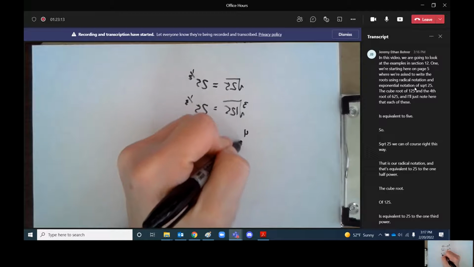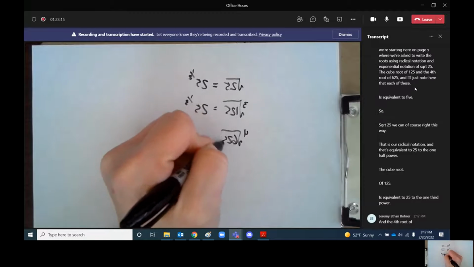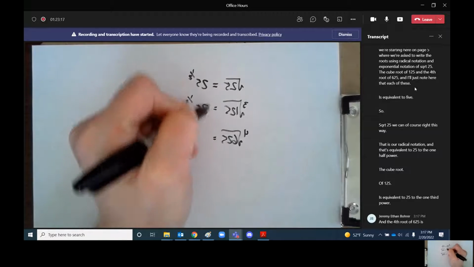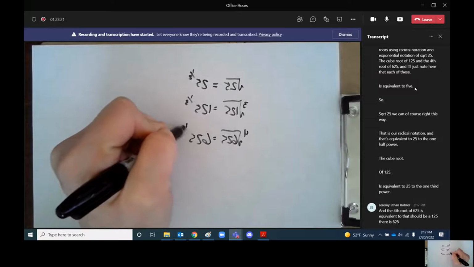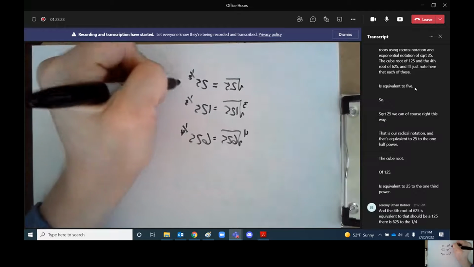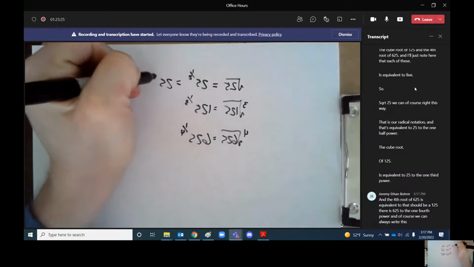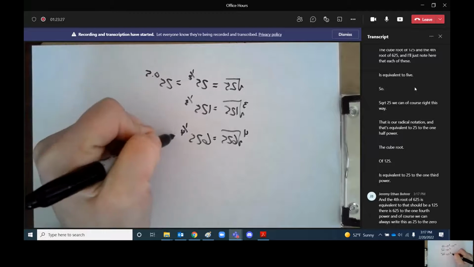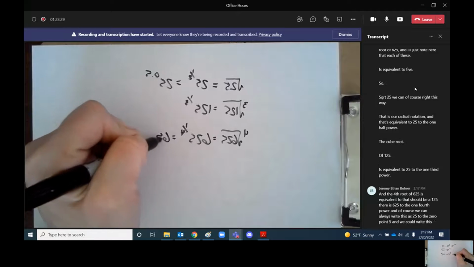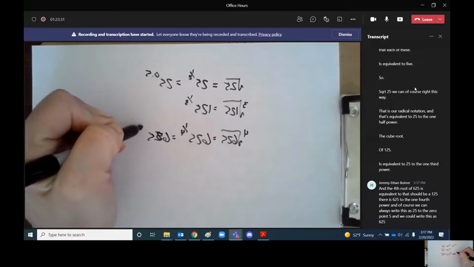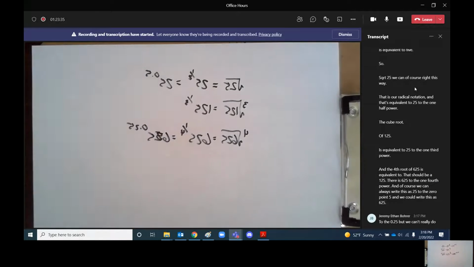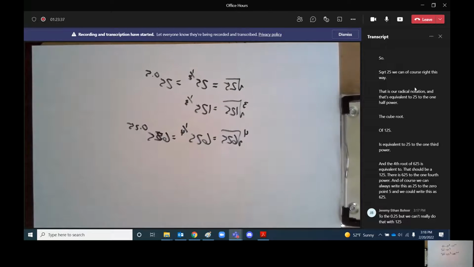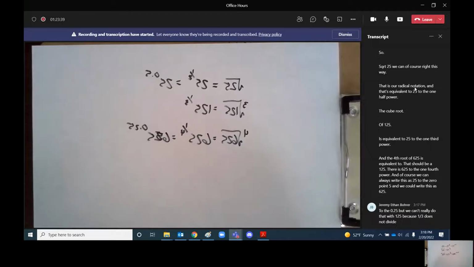And the fourth root of 625 is equivalent to 625 to the 1/4 power. And of course, we can always write this as 25 to the 0.5, and we could write this as 625 to the 0.25, but we can't really do that with 125 because 1/3 does not divide evenly.